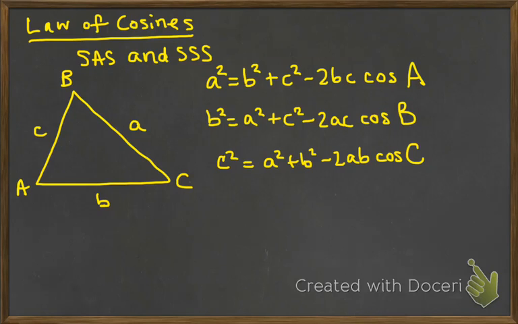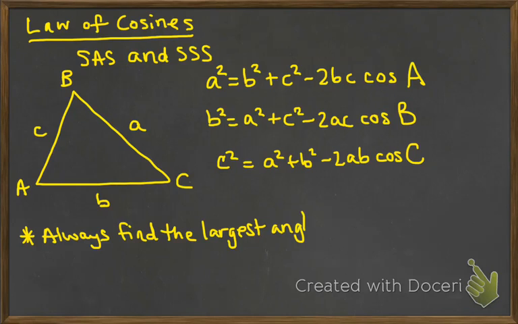A couple things to keep in mind when using the law of cosines, especially when you're working with side, side, side, is that you always find the largest angle first. If you don't, it'll end up messing up and you won't get the right answer.